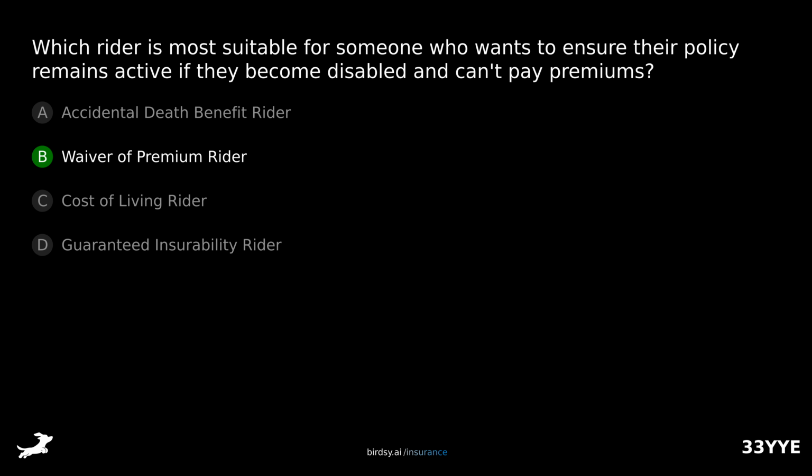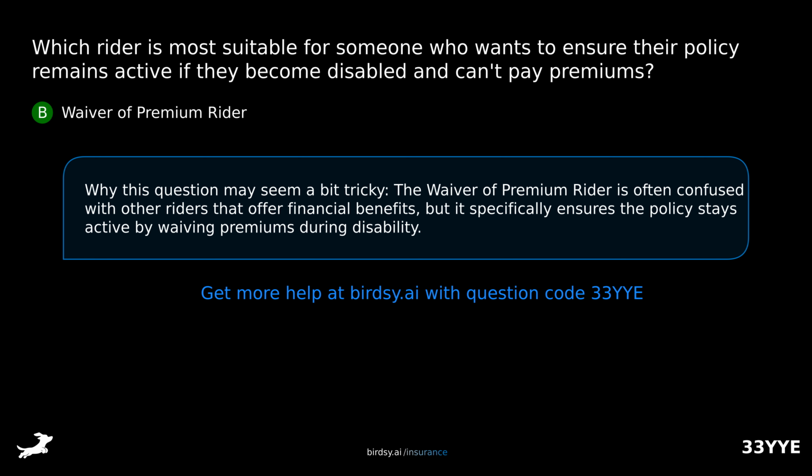The answer is B, waiver of premium rider. Why this question may seem a bit tricky: the waiver of premium rider is often confused with other riders that offer financial benefits, but it specifically ensures the policy stays active by waiving premiums during disability.